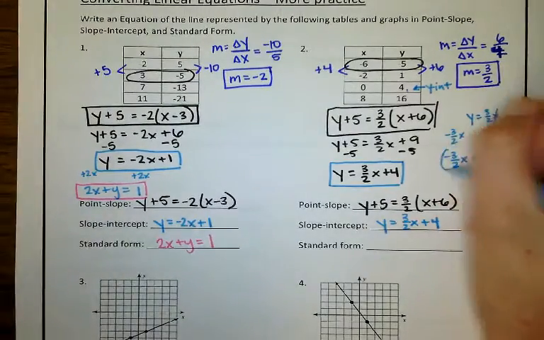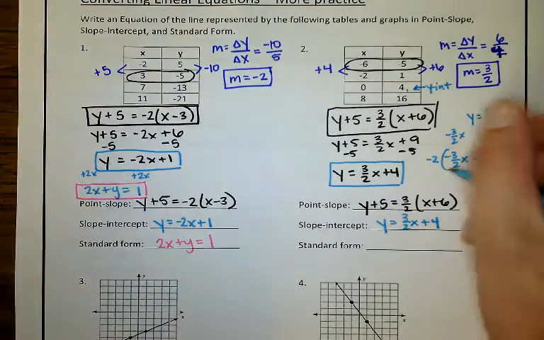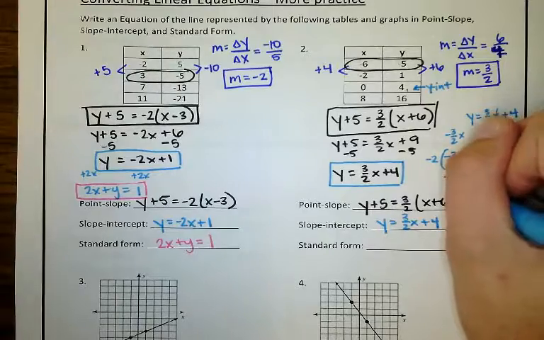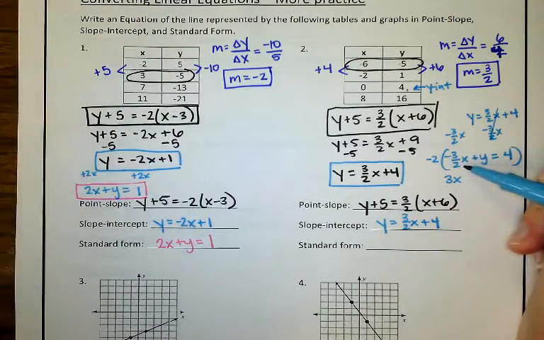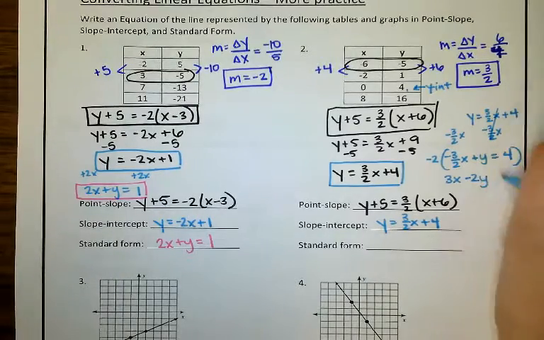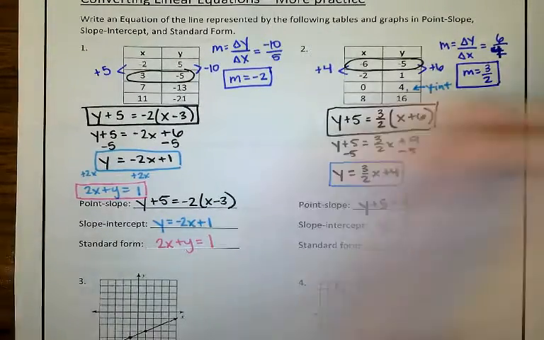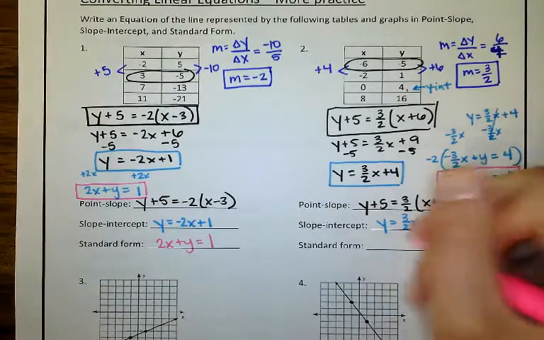Are you guys okay with that? -2. So this becomes a positive 3x, because our denominator cancels. Then -2 times y is -2y equals -8. So we have 3x minus 2y equals -8. Y'all feel good about that?